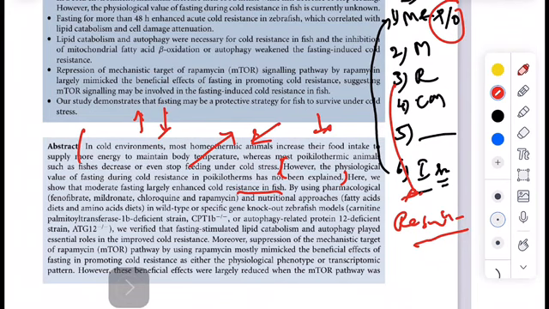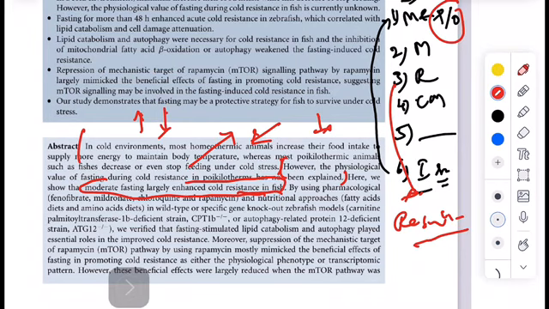So they took some wild-type animals and some gene knockout models for their study. By using these animals, they found that moderate fasting largely enhanced cold resistance in fish. This is their result: fasting helped the fish survive in moderate cold conditions.